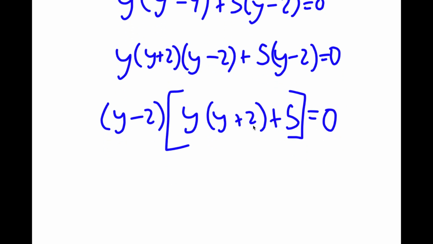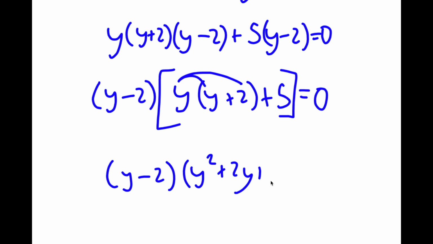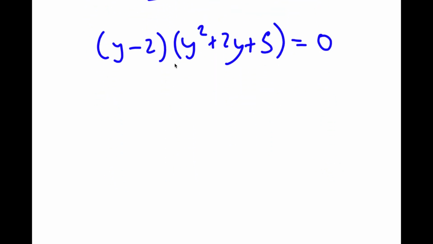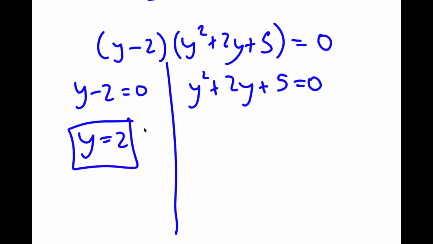This is all equal to 0, and this is the same thing as y minus 2 times, if I distribute y, I have y squared plus 2y plus 5 is equal to 0. So now this gives me two equations. I have y minus 2 is equal to 0, and I have y squared plus 2y plus 5 is equal to 0. So first off, for y minus 2 equals 0, I obviously get y equals 2.